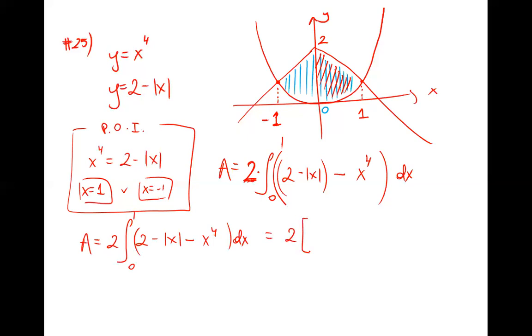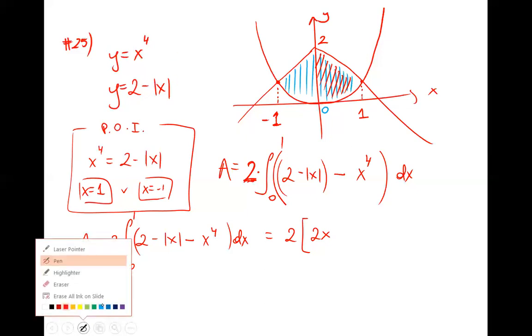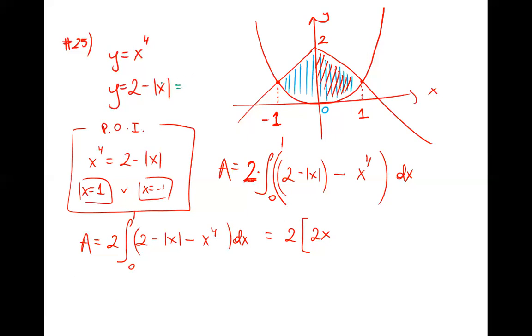The integral of 2 is just 2x, and for the absolute value of x, we have 2 different ways to solve it. If x is positive, which is what we're looking for, the formula will be just 2 minus x, because the absolute value of a positive number is the same number.